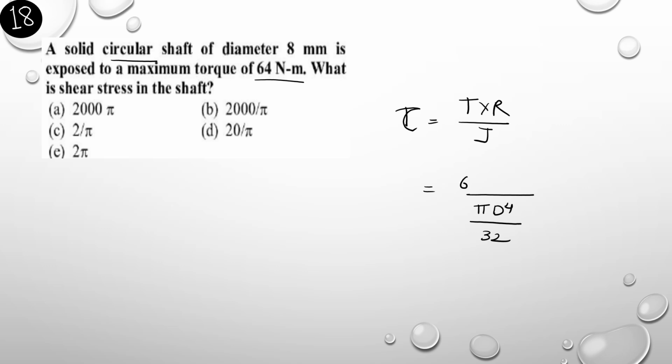T value is given, which is 64 into 10 raised to 3, converted into Newton mm, and R is D by 2, 8 by 2. After solving this equation, we get the answer as 2000 divided by pi. So option B is correct for question number 18.